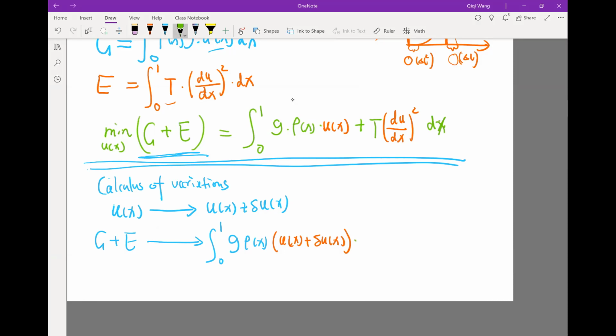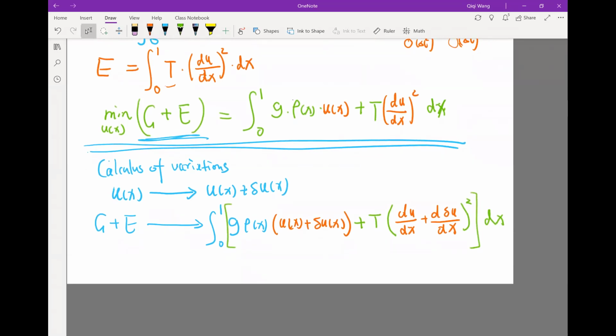Okay, and then plus t times du dx, which also has changed into du dx plus d delta u dx, or the derivative of this infinitesimal perturbation to the function u. All right, so this is the thing that is integrated.